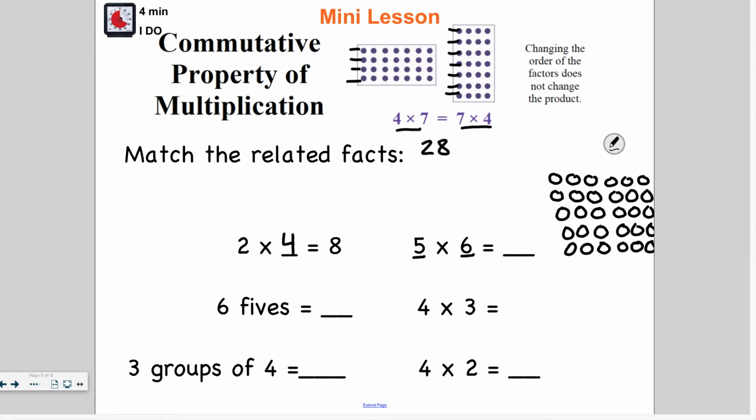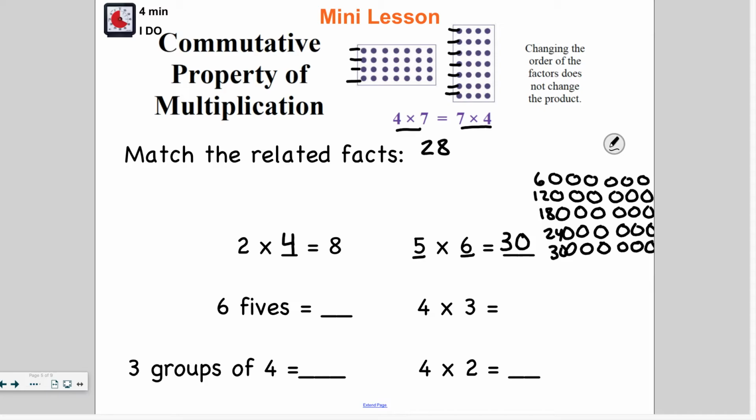So now I can skip count by 6 to see how much this equals. Well, here I have 6. This would be 12, 18, 24, and 30. So 5 times 6 equals 30.